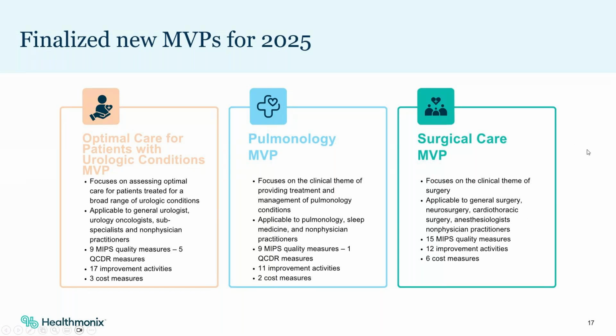Surgical care, there are more. As you can see, there's even 15 that are in the surgical care MVP. But I think you're going to see as I move on in 2026 what the asks are going to be: specialties that have always had trouble finding six measures. So the opportunity for them to be able to only report four could be very beneficial for them.